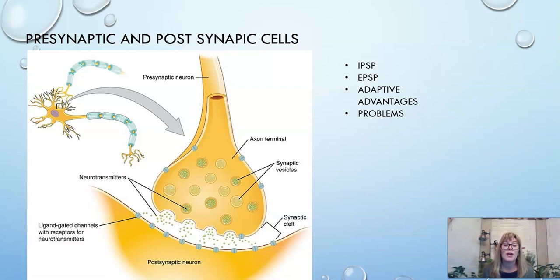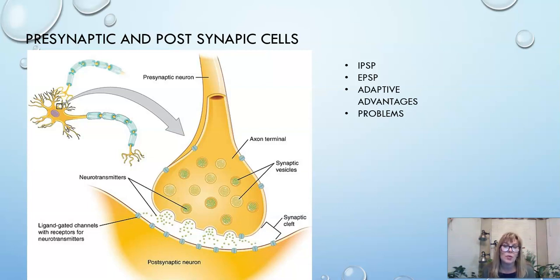Acetylcholine will then bind to the ligand-gated ion channels, and then we're going to have a lot of interesting things happen, including sodium starting to rush into the cell, potassium starting to rush out, and we're going to go through an action potential of depolarization and then repolarization again.